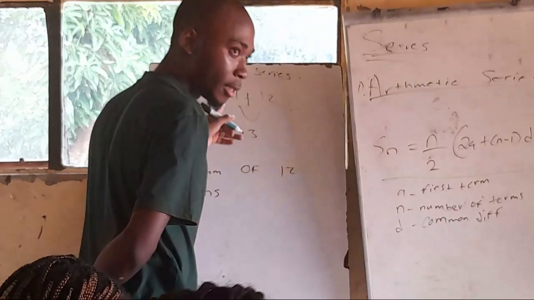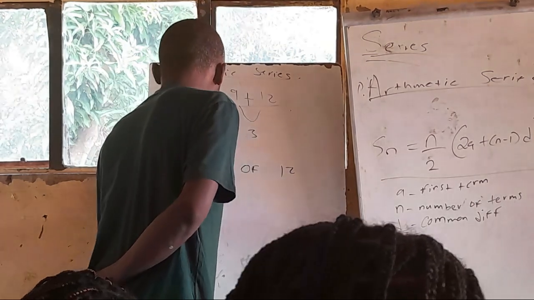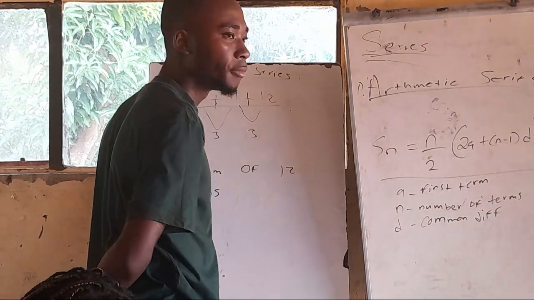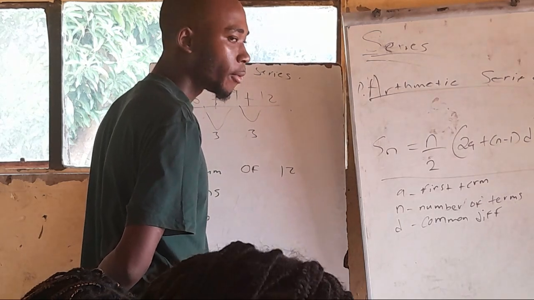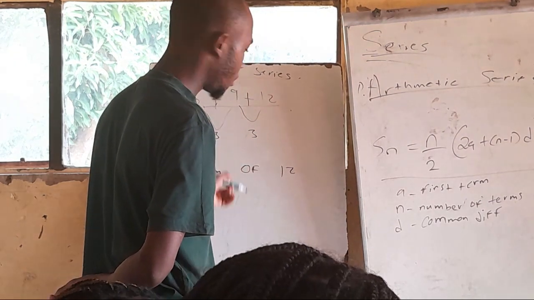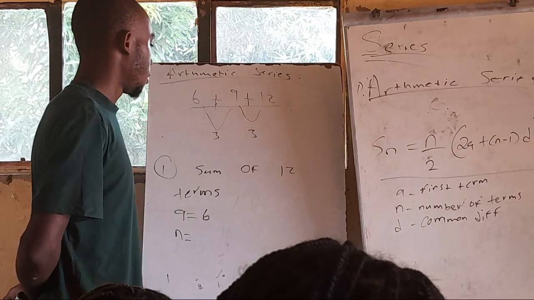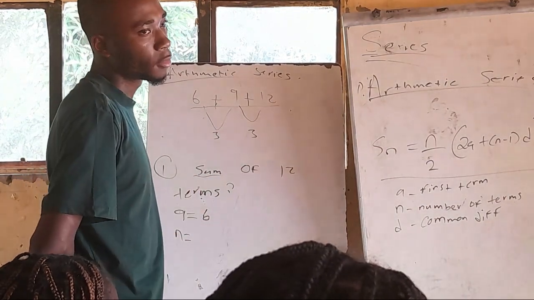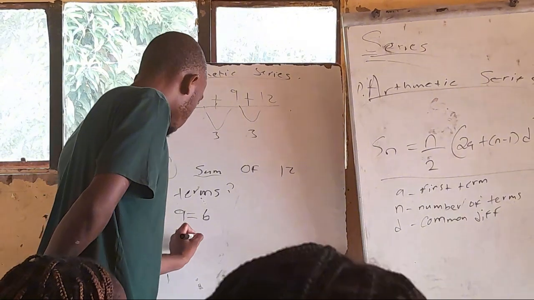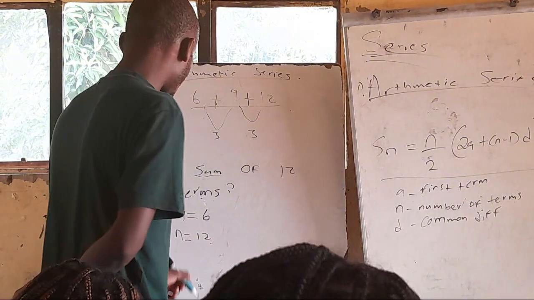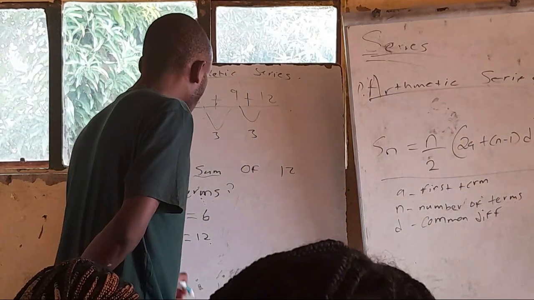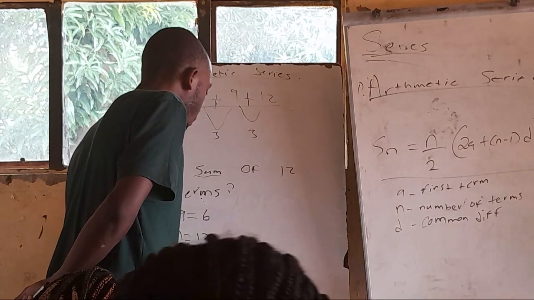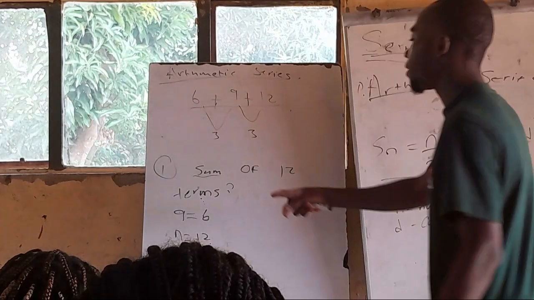Your first term is 6. What is your number of terms? From the question, 12. What is the common difference? 3.